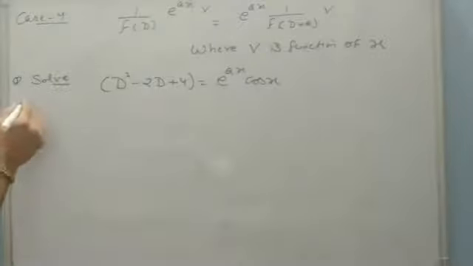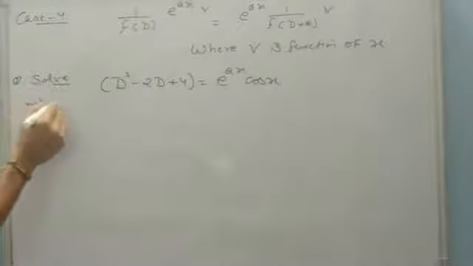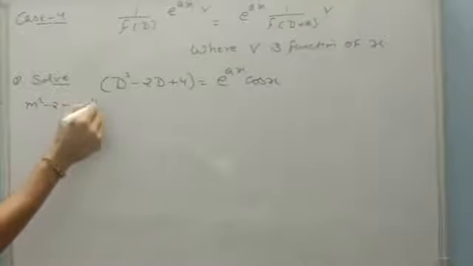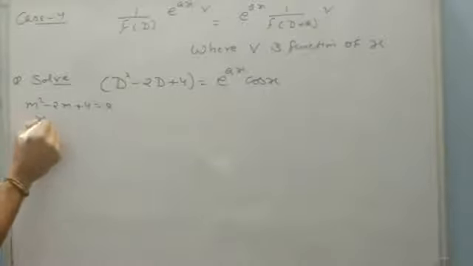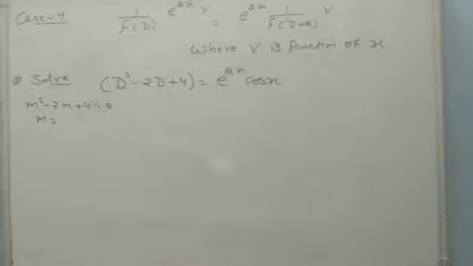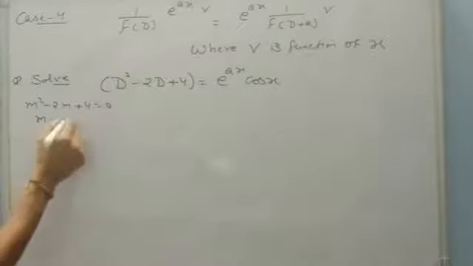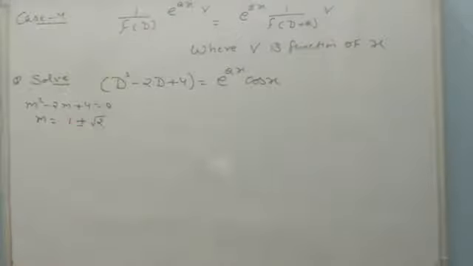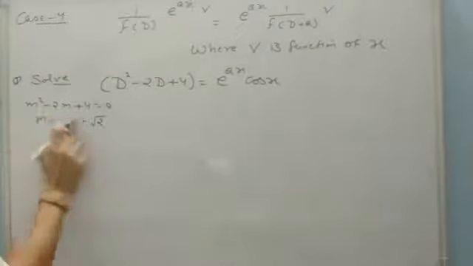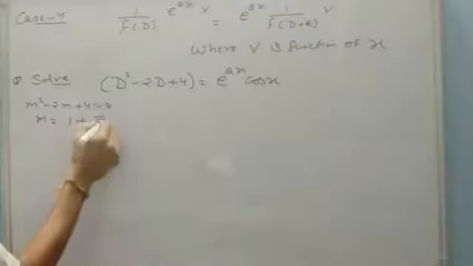First of all, the auxiliary equation is m square minus 2m plus 4 equals 0. By solving this with the quadratic formula, I get m equals 1 plus minus i root 3.